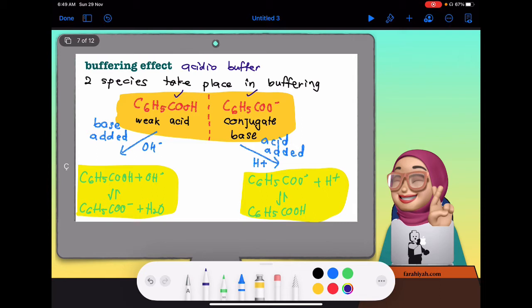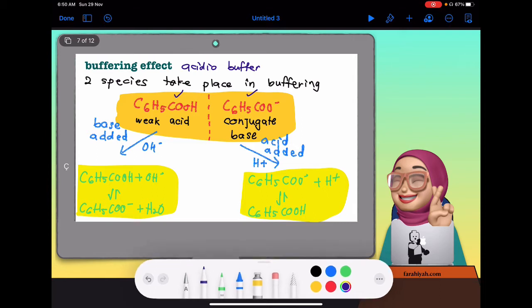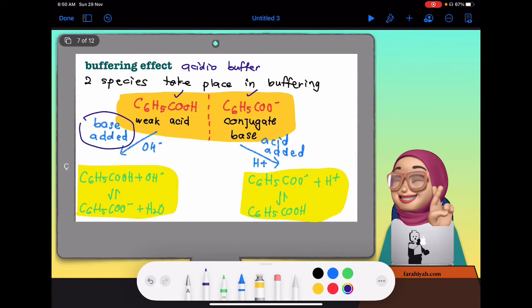When a small amount of base is added, your weak acid will react with the base and form the conjugate base. And when a small amount of acid is added, your conjugate base will react with the acid added and form the weak acid.